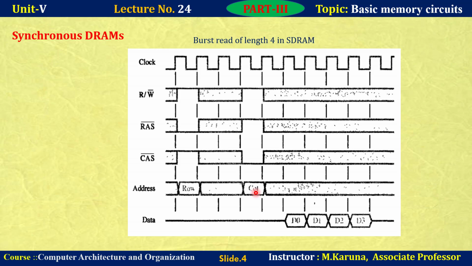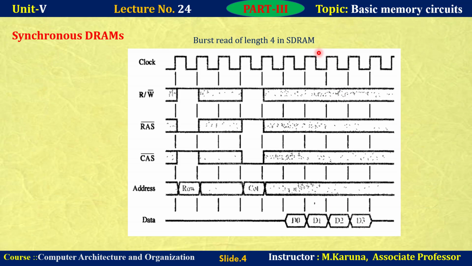After a delay of 1 clock cycle, the first set of data bits is placed on the data lines. After placing this, the SDRAM automatically increments the column address to access the next 3 sets, D1, D2, D3, because our burst length is 4. The 3 sets of bits in the selected row are placed on the data lines in the next 3 clock cycles.